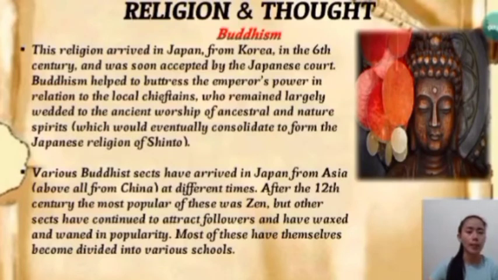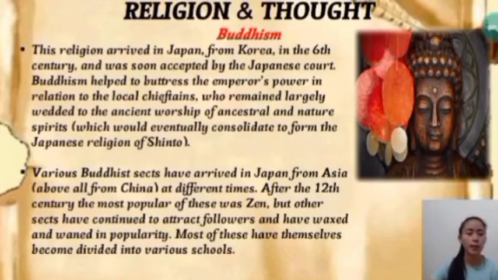Religion and thought. Buddhism arrived in Japan from Korea in the 6th century and was soon accepted by the Japanese court. Buddhism helped to buttress the emperor's power in relation to the local chieftains, who remained largely wed to the ancient worship of ancestral and nature spirits, which would eventually consolidate to form the Japanese religion of Shinto.